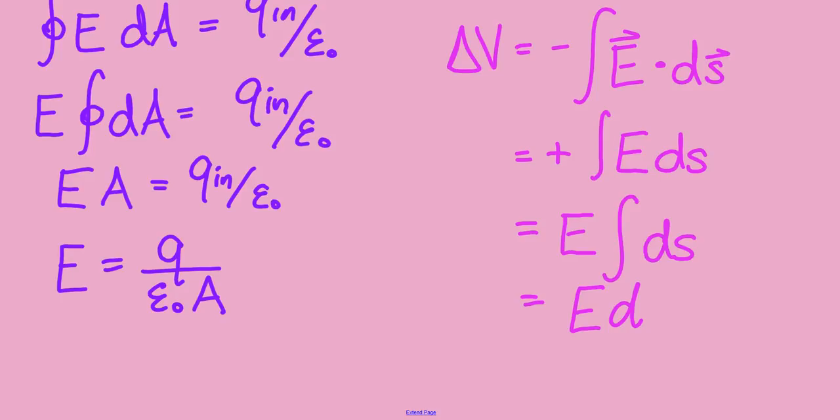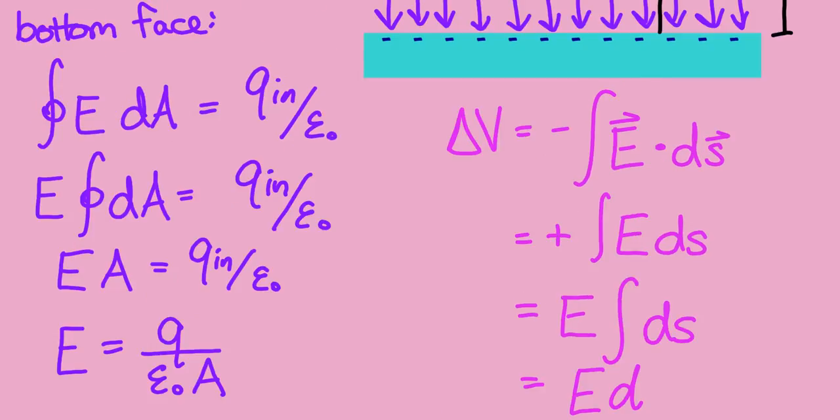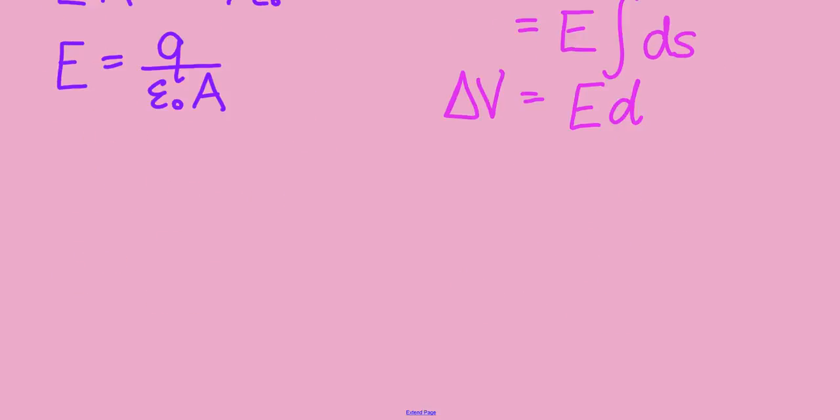So putting this all together, delta V is E times D, and E is Q divided by epsilon naught times A. So that means that delta V is equal to Q times D over epsilon naught times A. Then I get to move on to my last step, which in my opinion is actually the easiest of all 4 steps, or maybe second easiest beyond step 1, and that's actually calculating the capacitance.